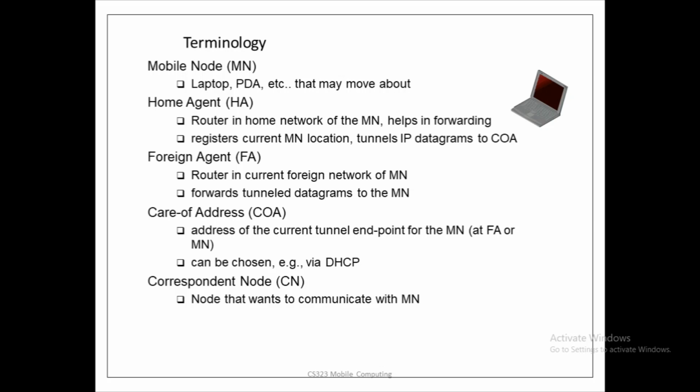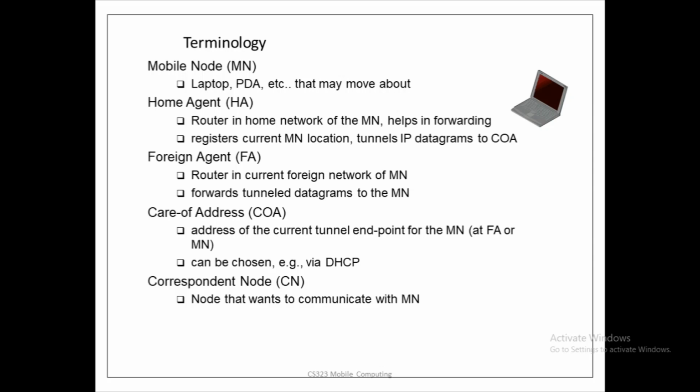All IP packets sent to the mobile node are delivered to the COA, not directly to the IP address of the mobile node, right? So packet delivery toward the mobile node is done using the tunnel, and the COA marks the tunnel endpoint, that is the address where the packet exits the tunnel.